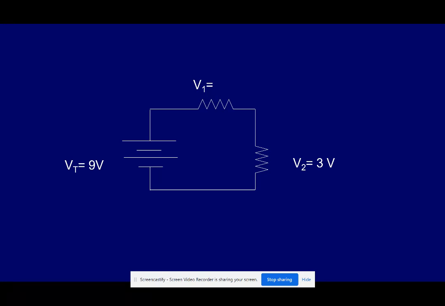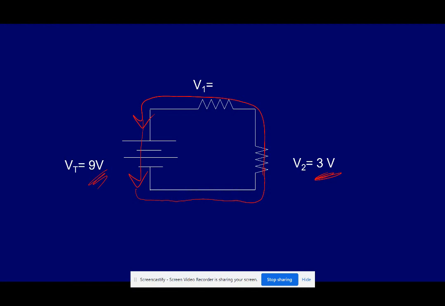First and easiest example I can give you is something like this. So each coulomb of charge as it passes through the source gains 9 volts of potential difference of energy, let's say. And they come around and they drop 3 volts off at V2. How many volts must they have dropped at V1?